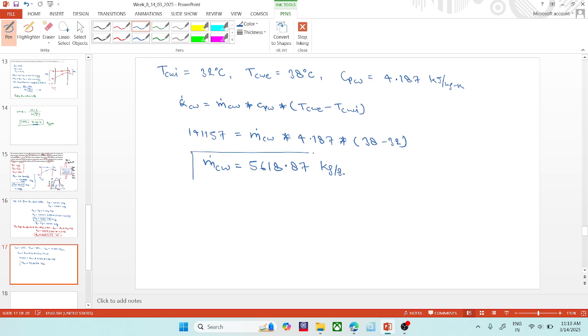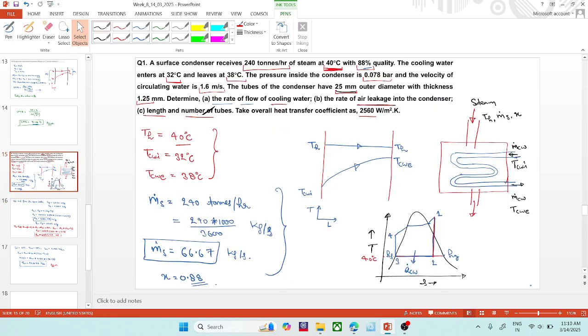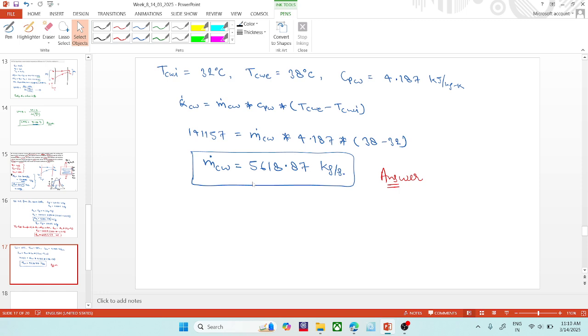So this is the answer for part A. In part A, we had to determine the mass flow rate of the cooling water, which would be 5618.87 kg per second.